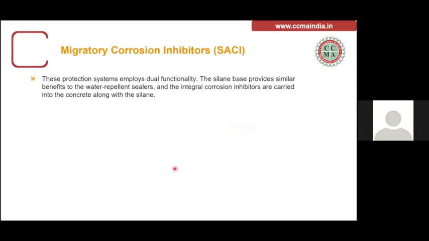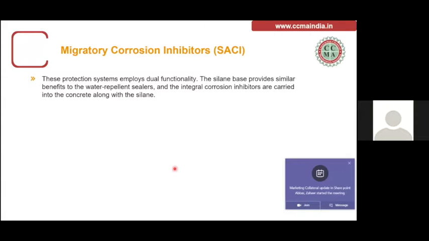So the protection employs dual functionality. As I said, the silane base provides a similar benefit to water repellent sealers, as we all know, and the corrosion inhibitors are carried into the concrete along with the silane. So they migrate with the silane into it.